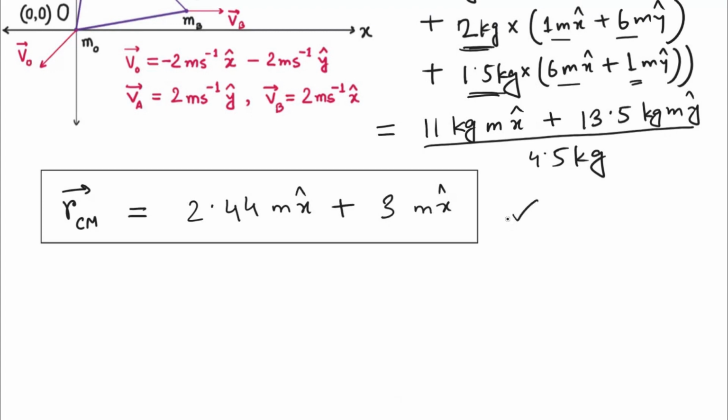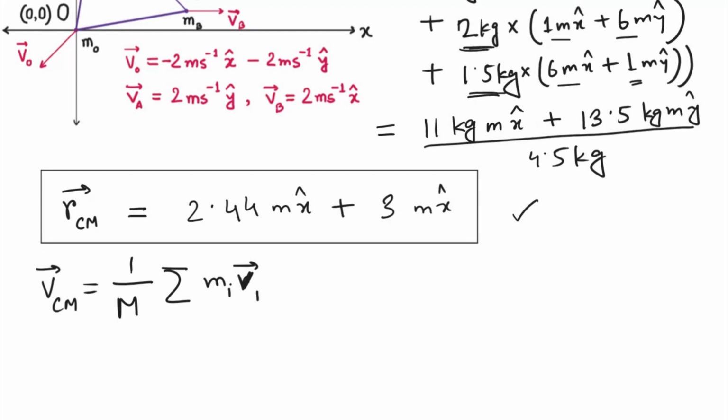Okay, now the velocity of the center of mass, it's a similar method. The velocity of the center of mass is 1 over the total mass, and then simply the sum of the products of the masses and the individual velocities. So I should write V here.